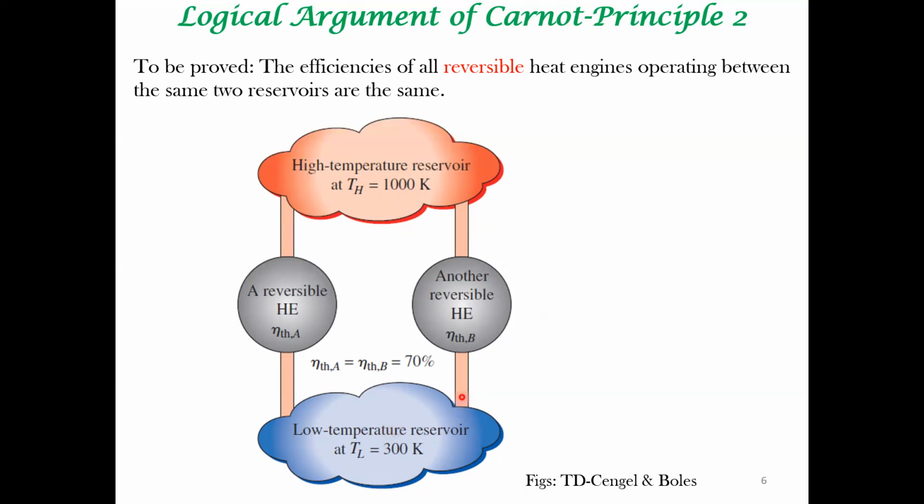You can reverse that heat engine into a refrigerator, and then you would see that the amount of heat that is rejected to the high temperature reservoir is the same, right?